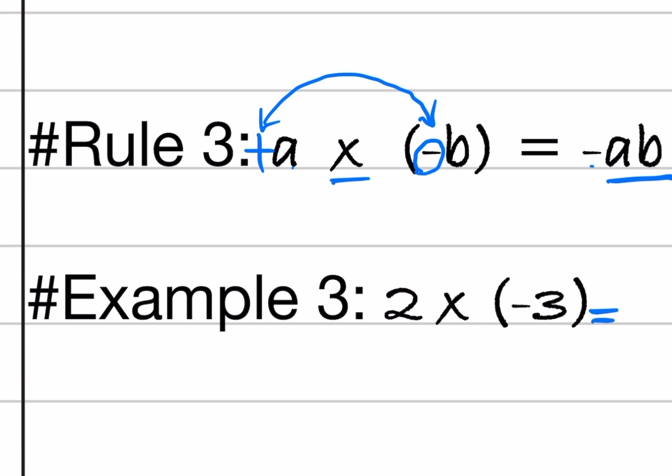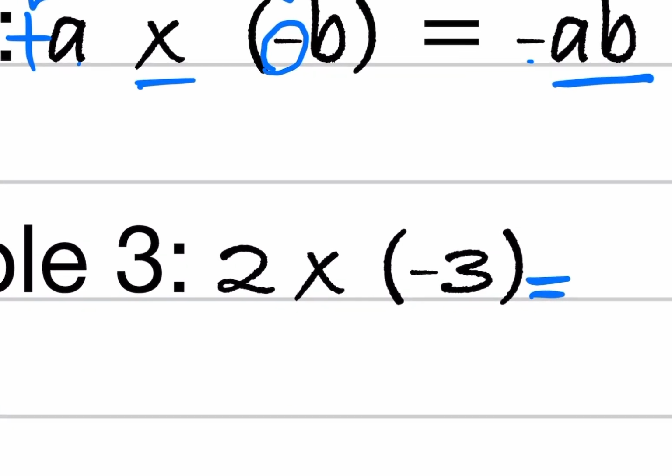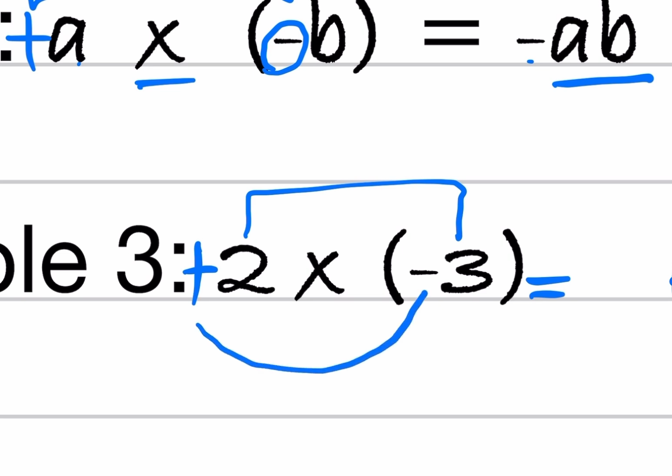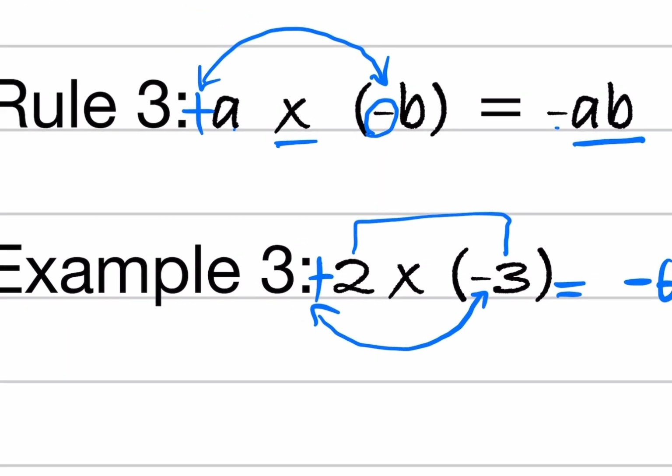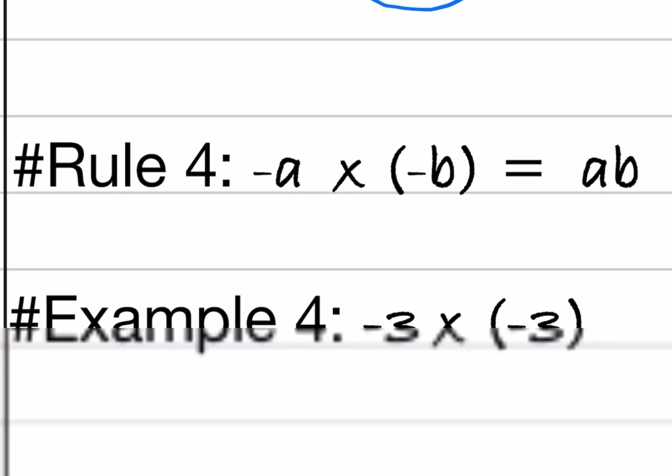Now we can have a look at this example. It's pretty simple actually. You just have to multiply these two numbers first. 2 multiplies 3 equals 6. And if we look at the invisible plus here and minus, when we multiply those two signs, we get minus 6. So that's our rule number 3.